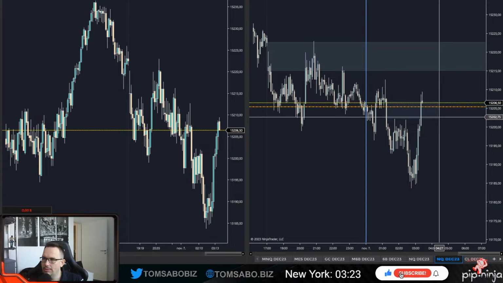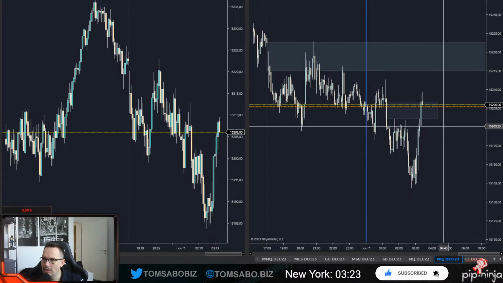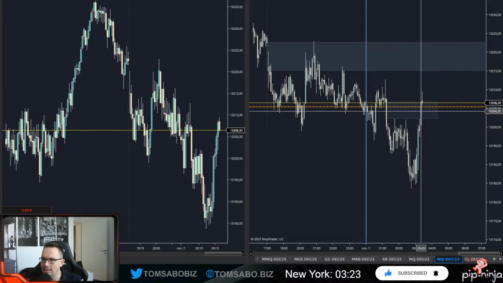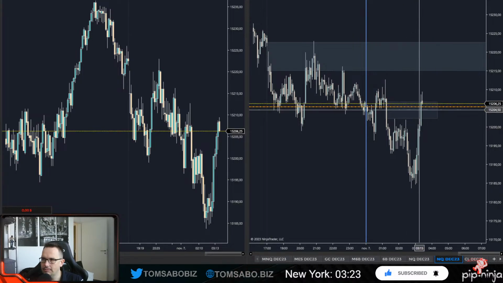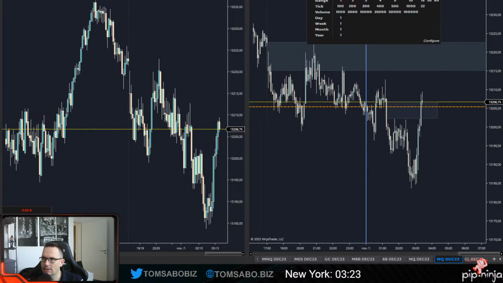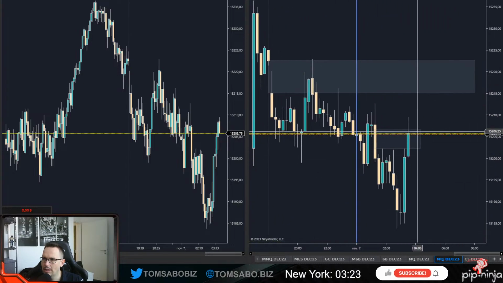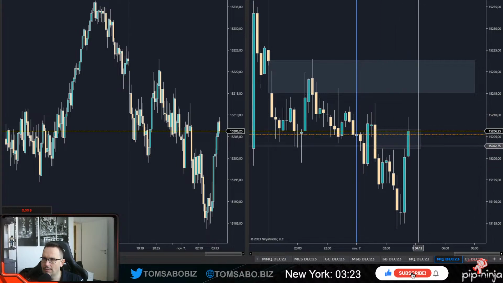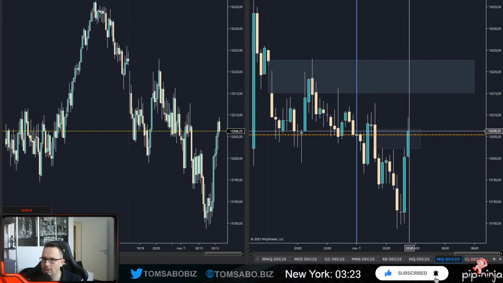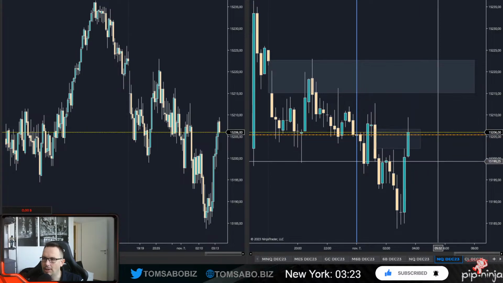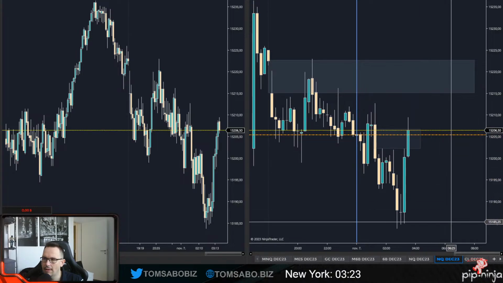So the question still remains, are we going to have a turnaround in this fair value gap? Actually, this is a 15-minute fair value gap as well. The right side is the 15-minute Nasdaq. Are we going to have a turn here to the downside again?